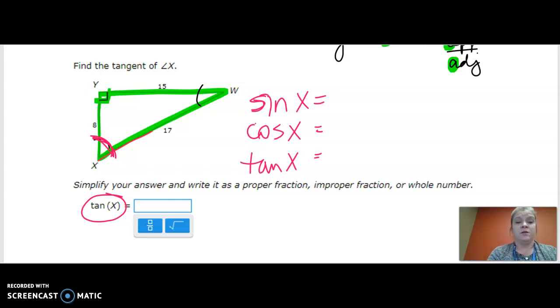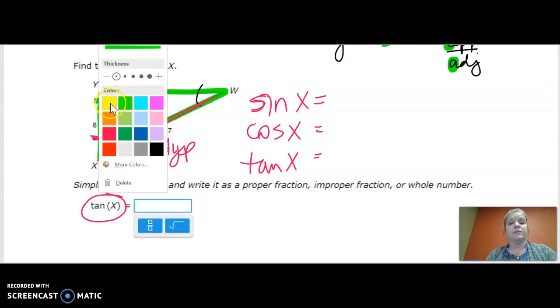Now, the hypotenuse is always the hypotenuse. Okay? But if you're looking at the X, or you're looking at the W, the opposite and the adjacent are going to be turned around a little bit. Okay?